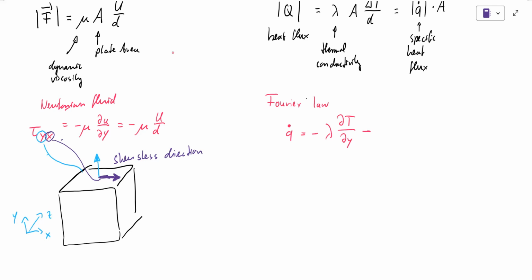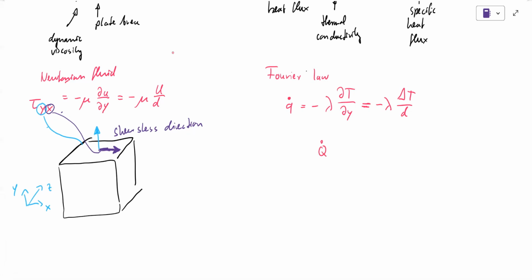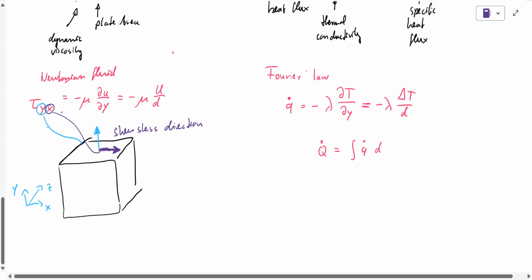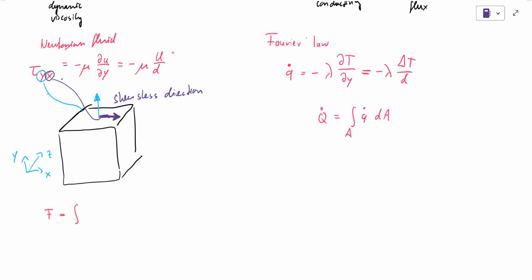And if it is linear, as it is in our case, we simply have minus lambda times delta T divided by d. And of course, we can get the heat flux Q, just to get it back. We can just use the specific heat flux, and we have to integrate it across the complete area. And of course, we can also do that with the shear stresses. So if we integrate the shear stresses across the complete area, we get the force.